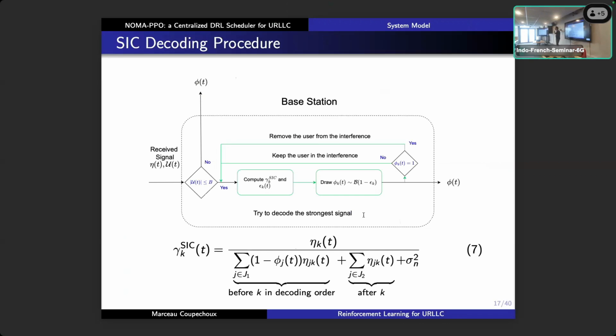We do that for all the active users. At the end, we have a SINR, which is useful signal over interference plus noise. Interference is made of all users that are decoded after user K, and all users that are before user K but whose packet the base station didn't manage to decode.